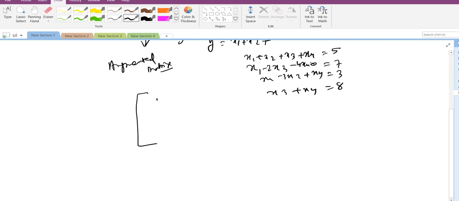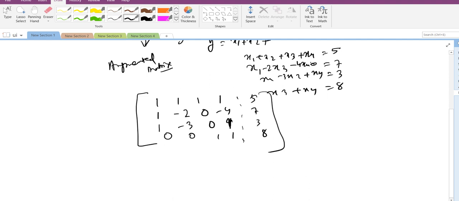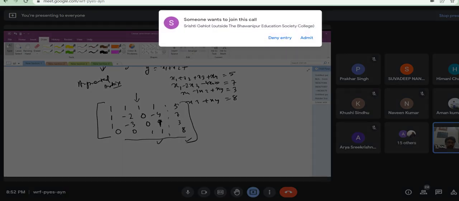Many questions we have done like that. 1, 1, 1, 1 are the coefficients. If I replace them with 1, -2, 0 and -4, then 1, -3, 0 and 4, and 0, 0, 1 and 1. Sorry, if this is the thing, and I take the RHS like this, then this entire thing is the augmented matrix, and this is the main matrix. If the rank of this matrix is equal to this, or less than this, these are the deciders. Rank calculation becomes a very crucial thing for this data structure.